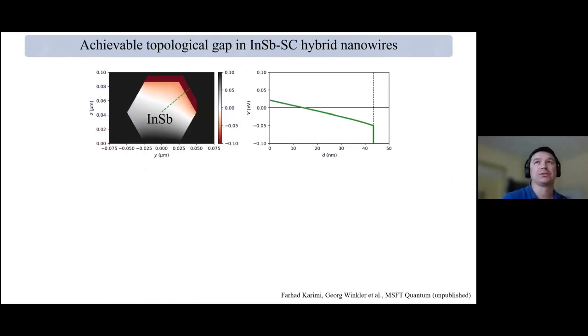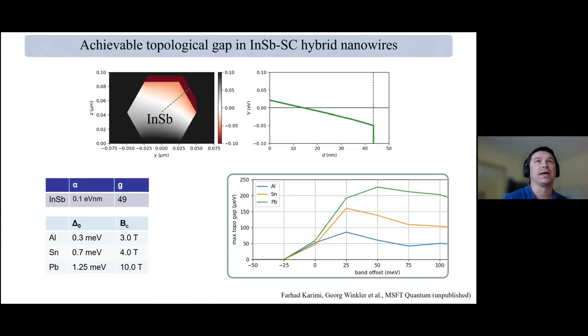So we can make some predictions, and if you have these new superconductors, and if you can engineer this band offset at the interface, you can make some predictions as to the maximum size of topological gap. And you can see clearly the advantage between aluminum-based materials, where a peak is at most 80 micro eV, whereas in lead nanowires, you have about 200 micro eV topological gap, and this difference is huge because the ratio of gap to temperature is in the exponent.